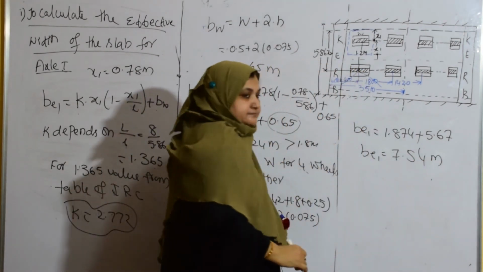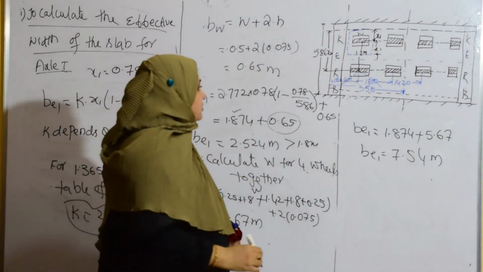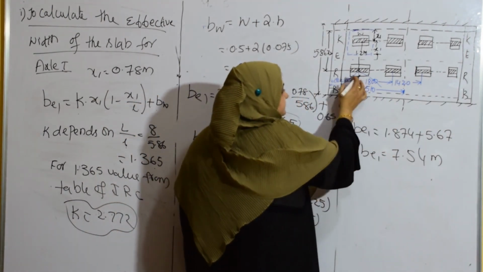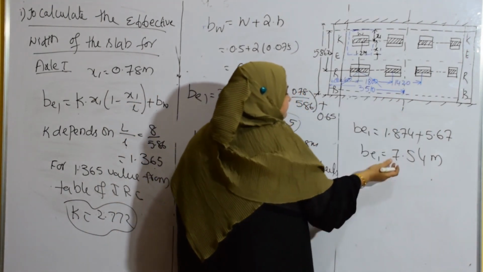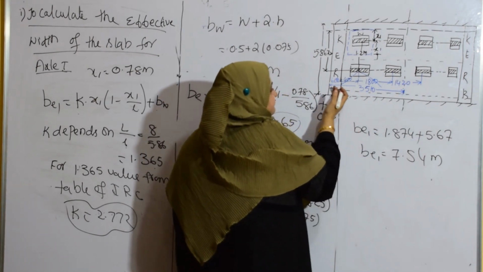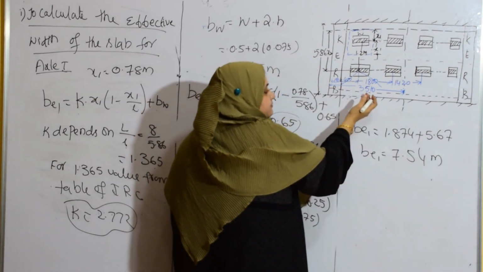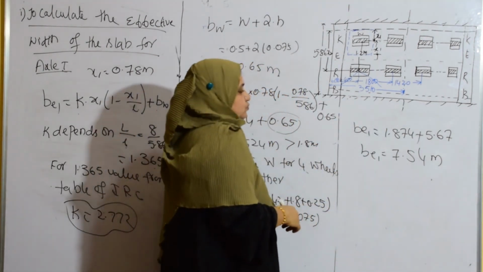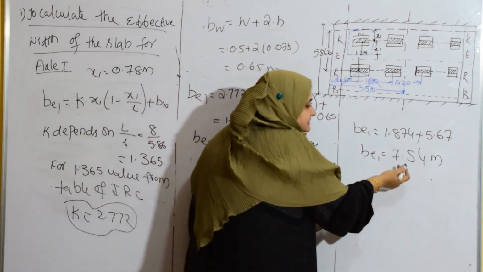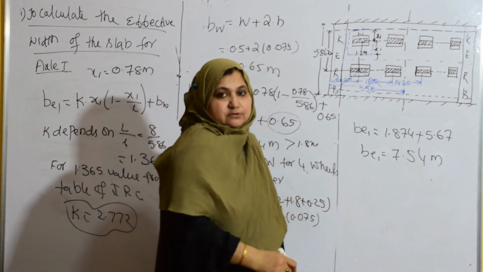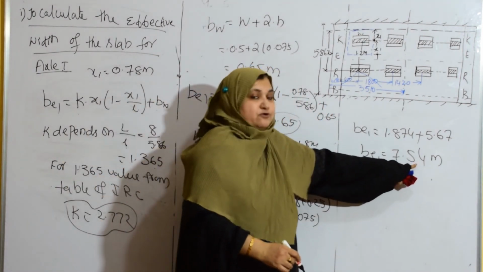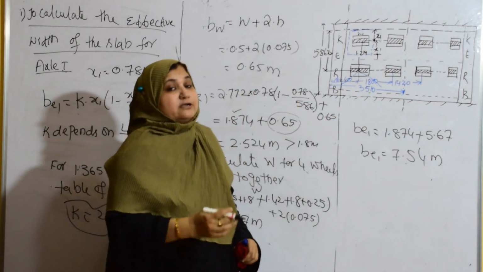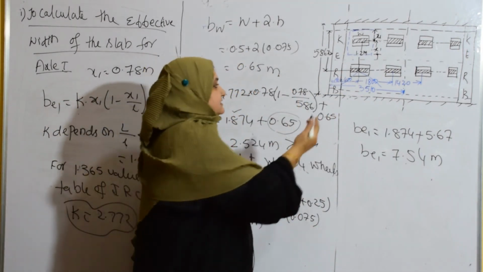7.54 meter. Now if you see this, you can see 3.51. If you double it, it will be 7.02. But we got this as 7.54. So it may exceed the boundary or the free edge. This is the free edge.